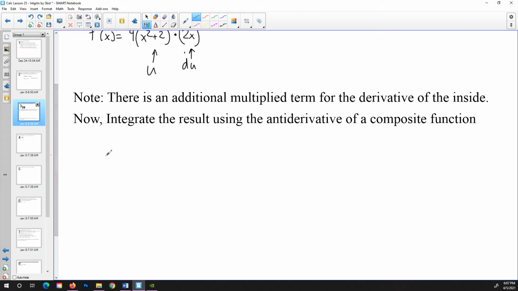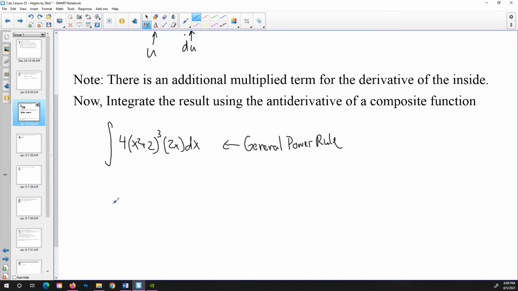So when I go to do this integration, if I want to say the integral of 4 times x squared plus 2 to the third times 2x dx, I notice that this function here is the derivative of this inner composed function there.